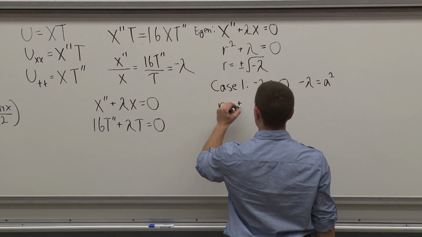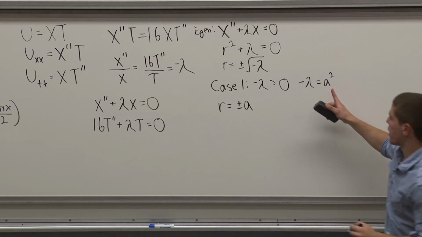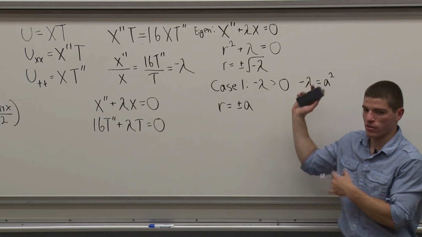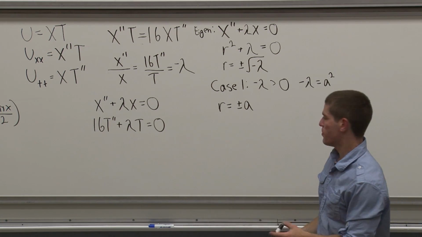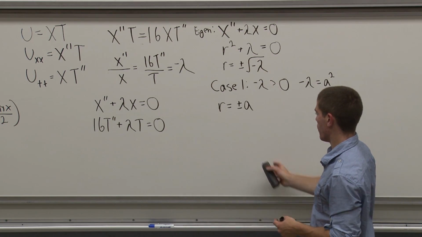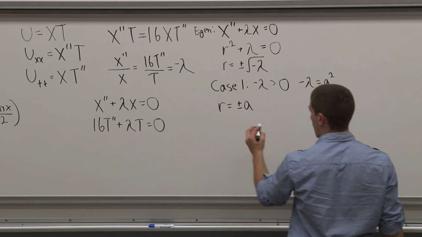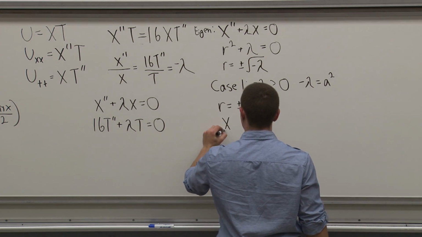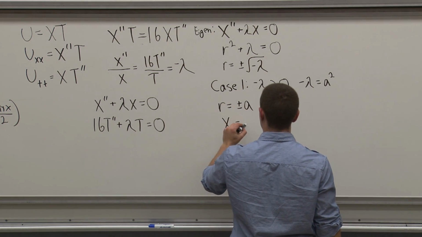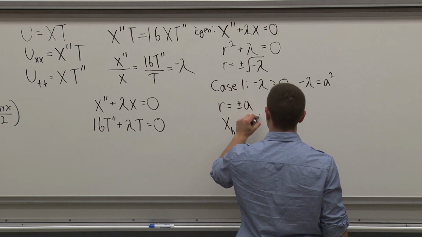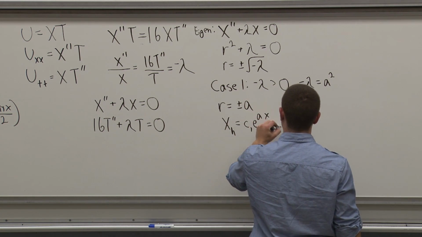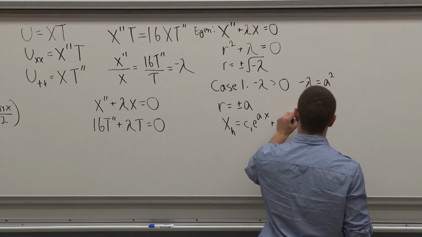R is going to equal plus or minus a, because once we plug in this a squared to here, the square root of a squared is just a, and it's always going to be plus or minus, because that's what square roots do. So r equals plus or minus a. X homogeneous equals c1 e to the ax plus c2 e to the negative ax.